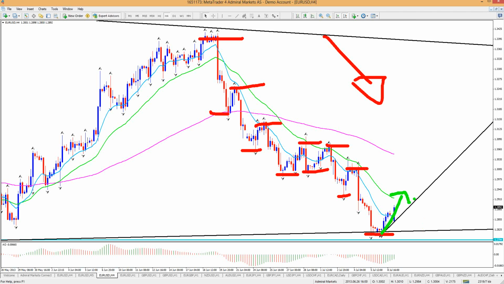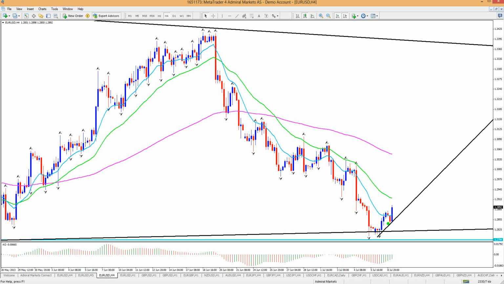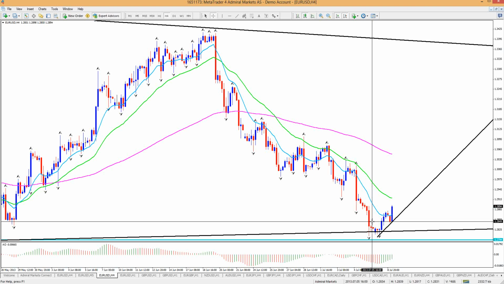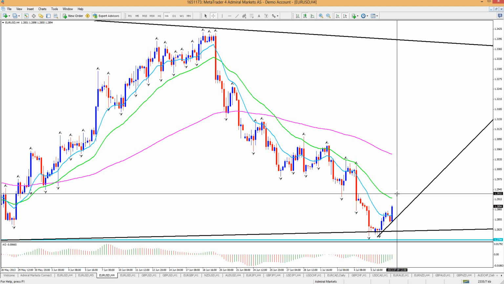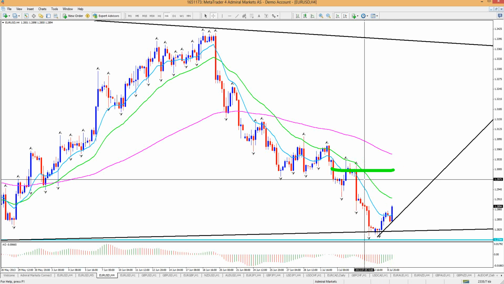So if you were clever enough to have anticipated that bigger correction somewhere here, that's great for you. And you're up 40 pips or something like that. Perfect. Try to catch profit maybe at a reasonable spot before this top at least, because that's the likely resistance area, the 130 area. All right.